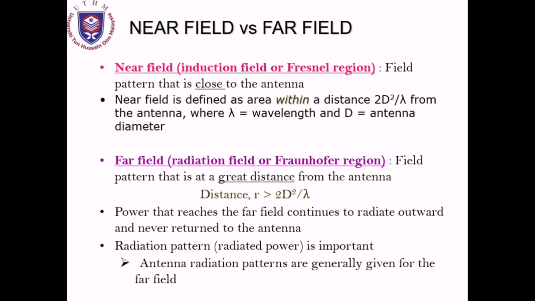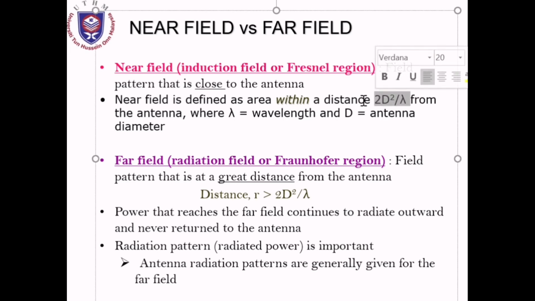Other than that, you also need to know how to calculate the near field and the far field region. The near field region is the field pattern that is close to the antenna. The near field is defined as an area within a distance of 2d squared over lambda from the antenna, where d is the antenna diameter and lambda is the wavelength of the operating antenna.